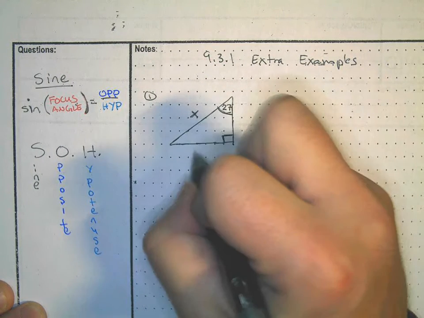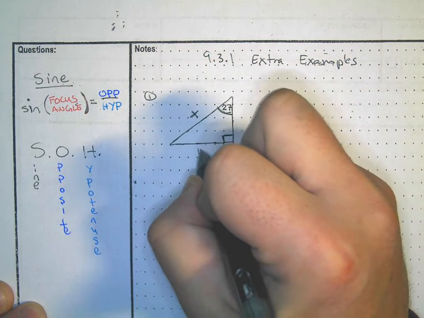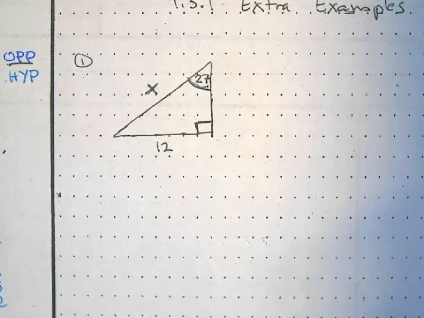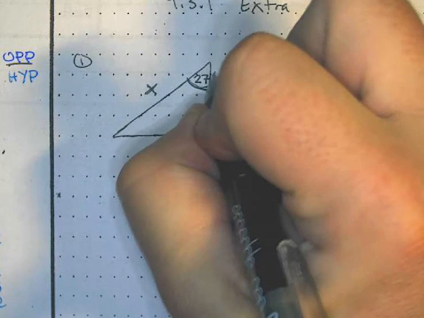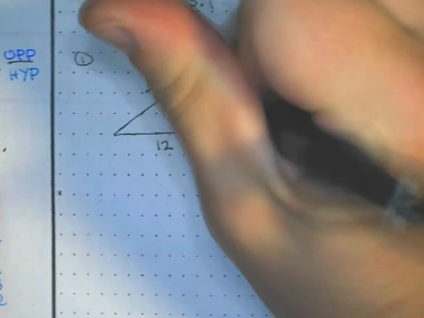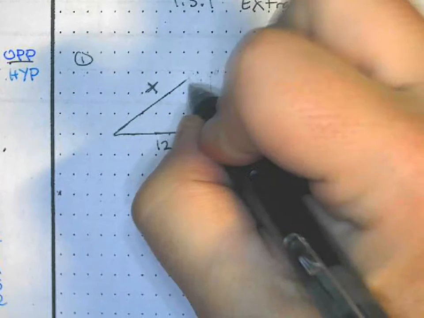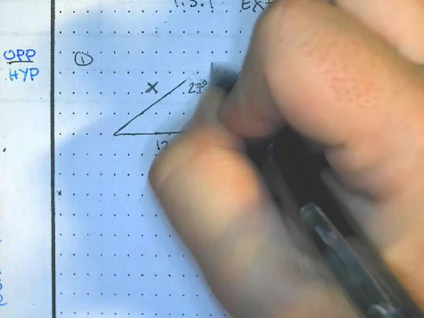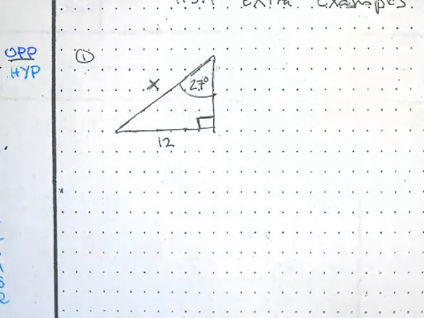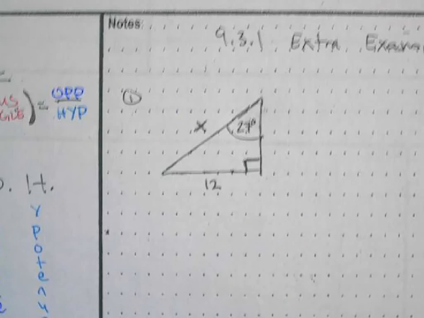And then we're told that this length is 12. 27 degrees. That's supposed to be degrees. Okay. So we're going to use this sine idea right here.